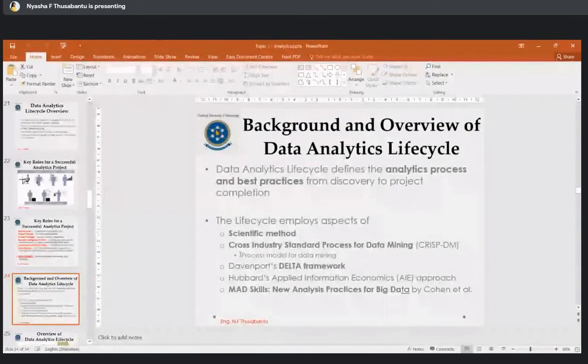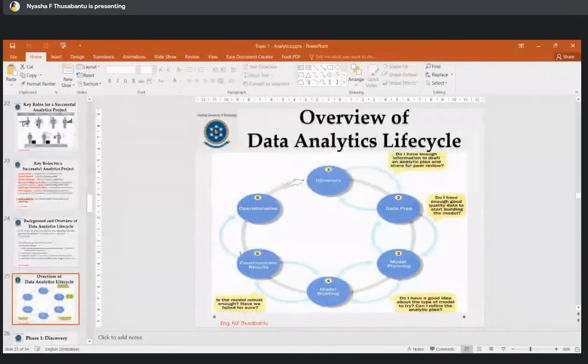If you're doing anything to do with data, you are observing all these policies, HIPAA, GDPR, data protection laws. All of it, you find within the data analytics lifecycle.